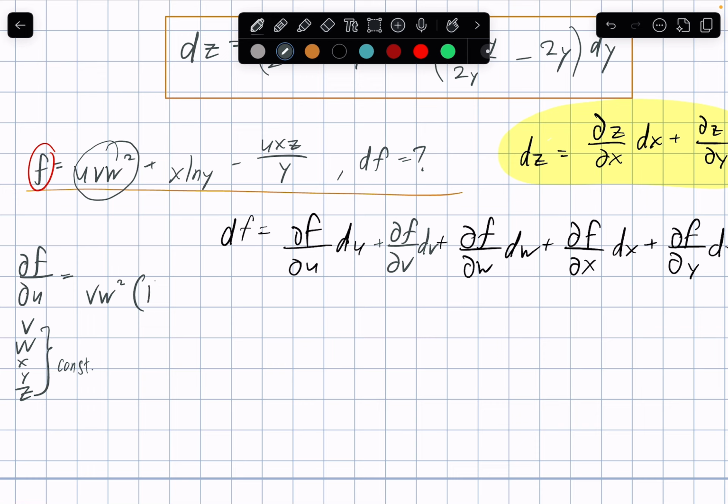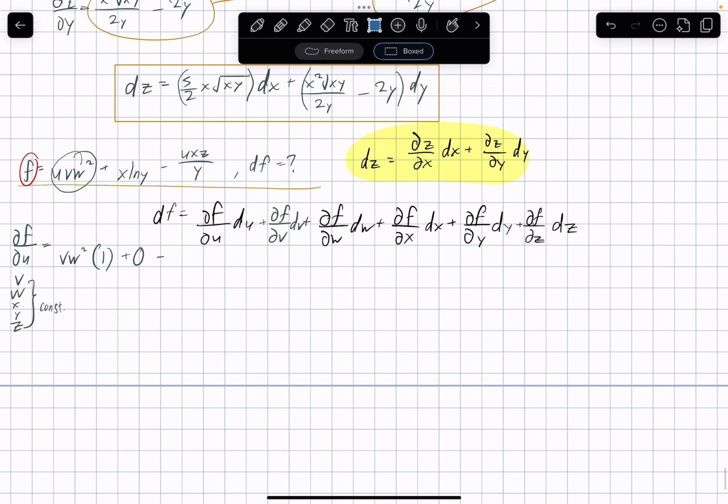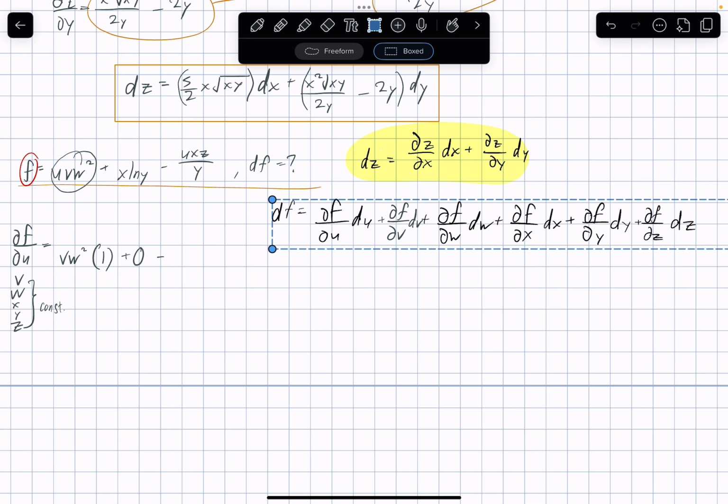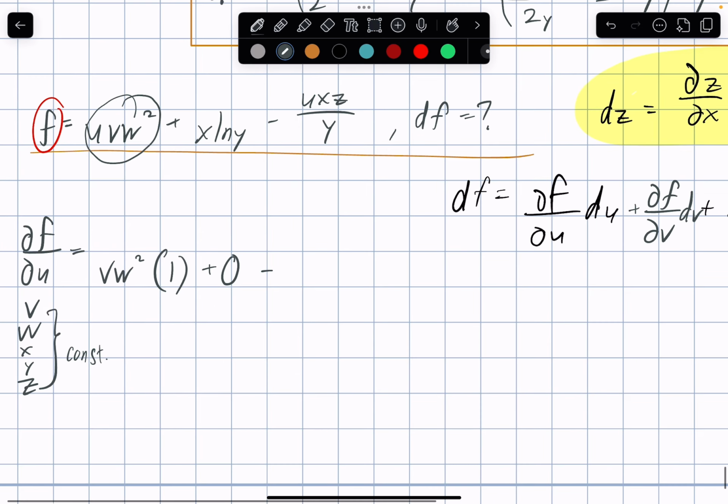The derivative of u is going to be 1. We good so far? So x and y are constants, right? So don't bother, this entire thing is going to be 0. And then, what else? One over y.